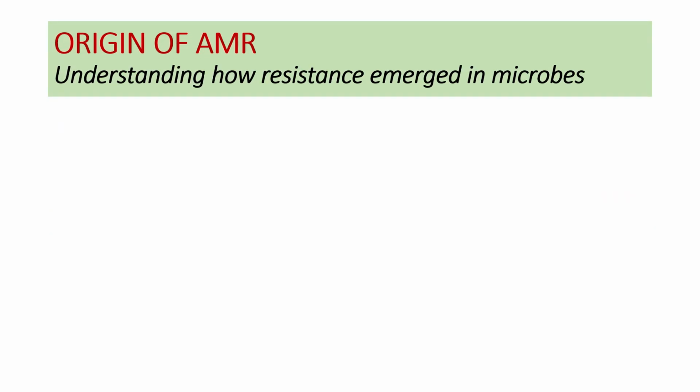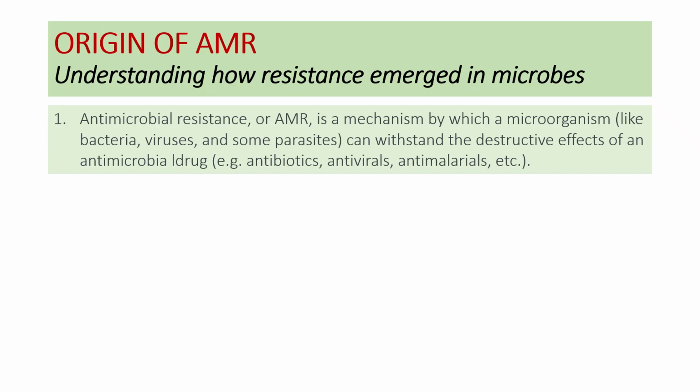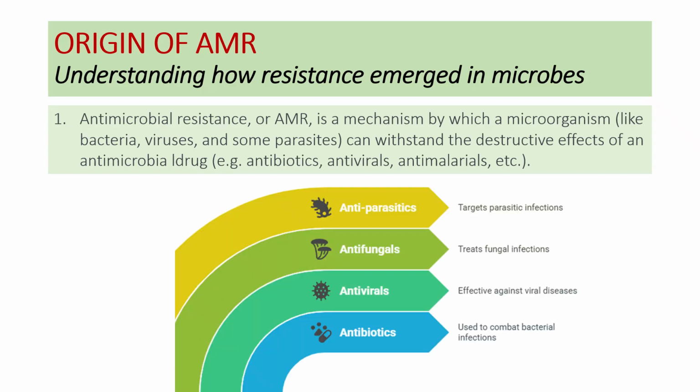But microbes, the invisible enemies, have been fighting back. Slowly, silently, they have evolved, giving rise to a dangerous global threat, AMR. In this video, we will uncover how resistance emerged in microbes and why understanding the origin of AMR is the first step to protecting our future lives.